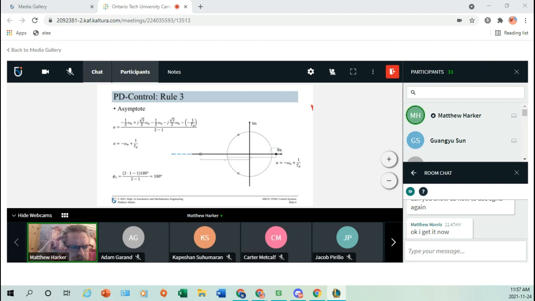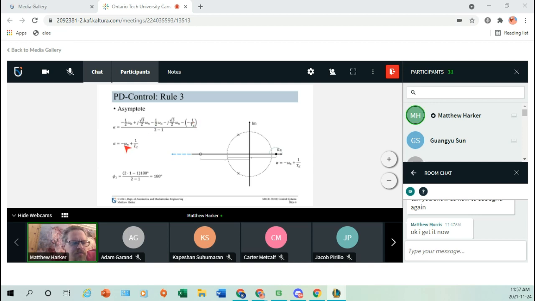So our asymptote, here we get our asymptote formula. It's a bit more interesting here. So we basically add the poles, subtract the zeros, and divide by n minus m, which is 2 minus 1, so degree 2 in the denominator, degree 1 in the numerator.